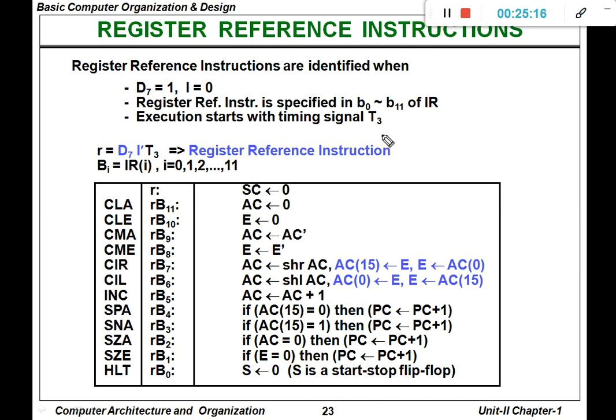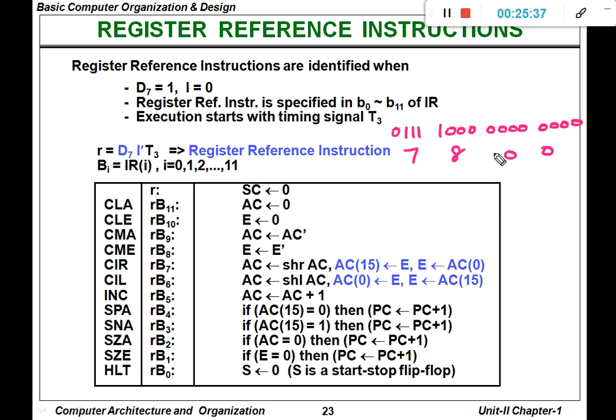For example, if you consider the code 0111 and 100000000000, this represents 7800.